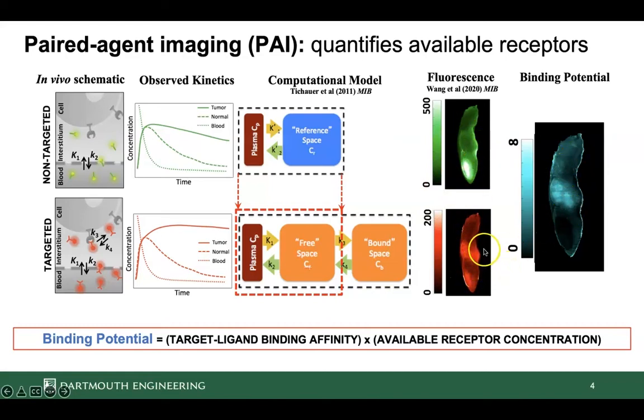And as you can see here, our targeted image is taken in the 800 channel of the Odyssey as IRDye 800CW, and our non-targeted agent is typically IRDye 680LT. We can produce this map, which is actually a map of receptor concentration and not a map of fluorescence intensity.